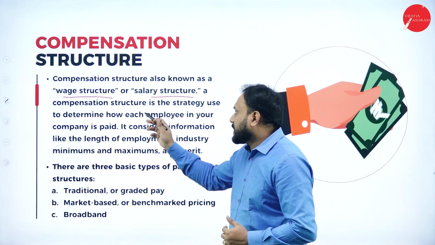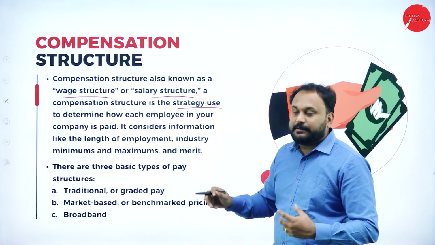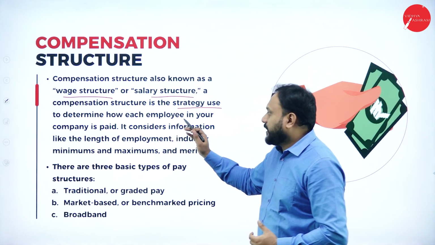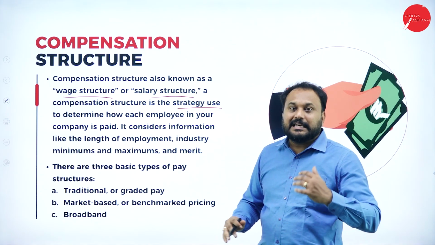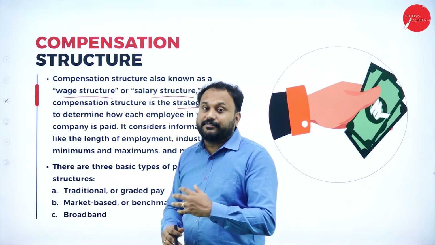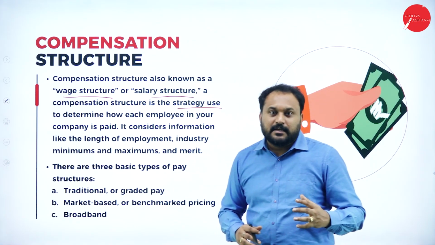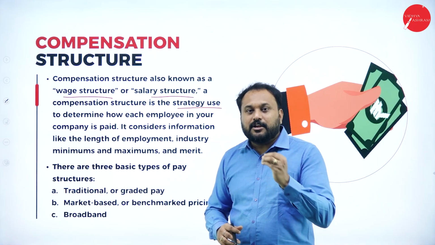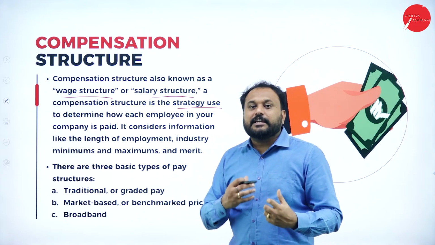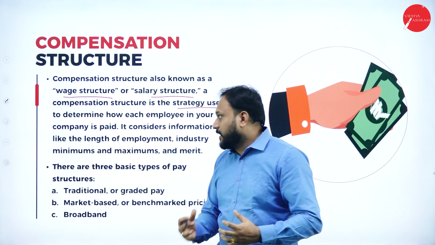A compensation structure is a strategy used to determine how each employee in your company is paid. See, each and every employee is paid in a different way, right? That's the reason the minute you join any organization, do not reveal your salary to anybody.